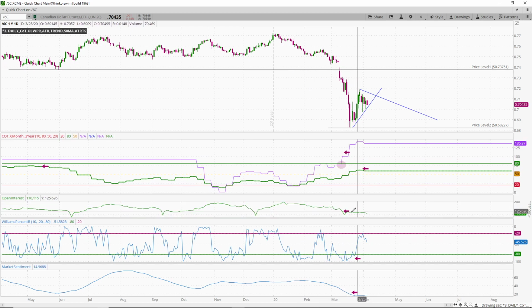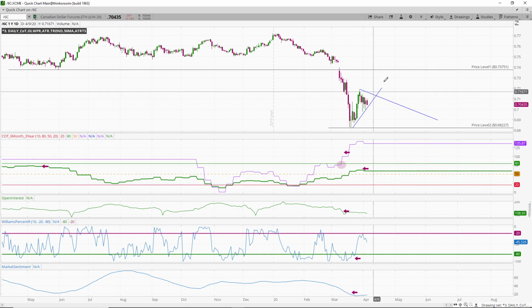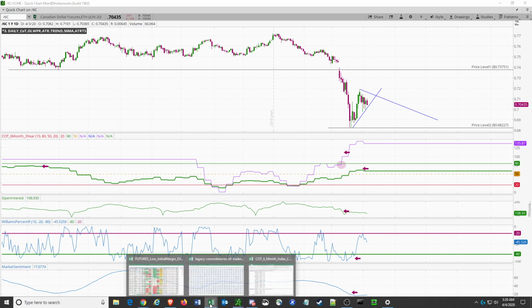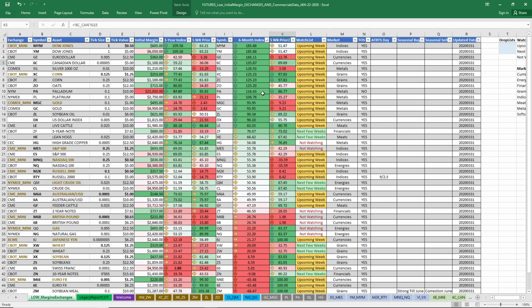Diminishing open interest. I mean, open interest is relatively low here, and this was the time to get into the market. So I think it looks like they think that this might go quite a bit higher. Something to keep monitoring is the Canadian dollar. We're going to keep that on the upcoming list for the week.